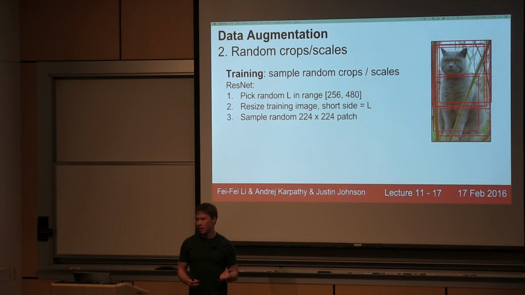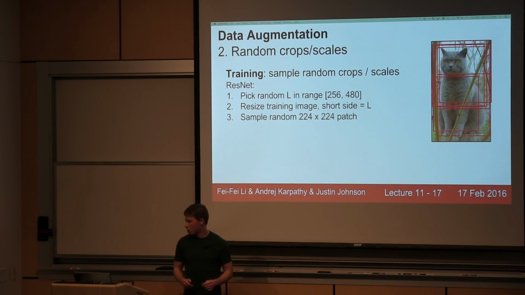At training time, for each training image, they first pick a random number, resize the whole image so that the shorter side is that number, then sample a random 224 by 224 crop from the resized image, and then use that as their training example. So that's pretty easy to implement and usually helps quite a bit.